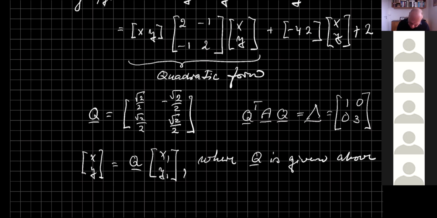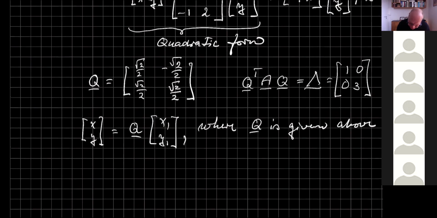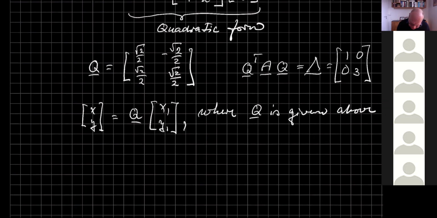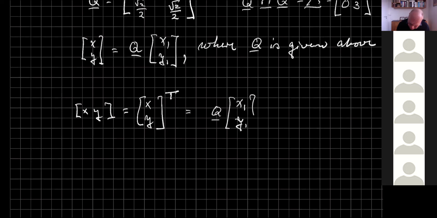Okay. What we need now is that we need to compute, in order to have this vector here, this row vector x, y, and this is x, y transposed. Now xy is given as Q times x1, y1, and you need to transpose this.